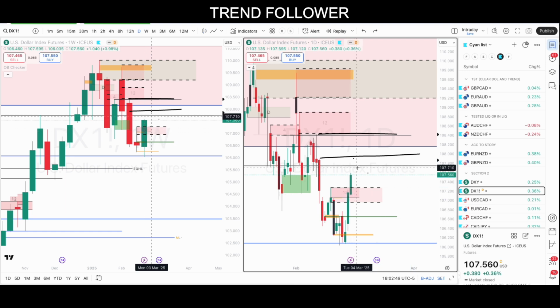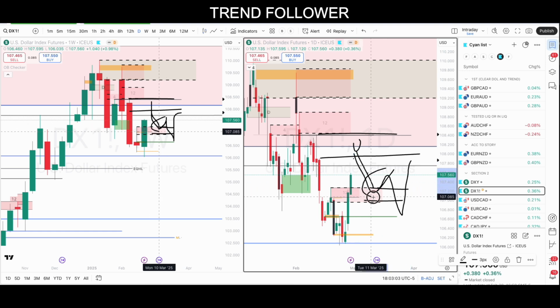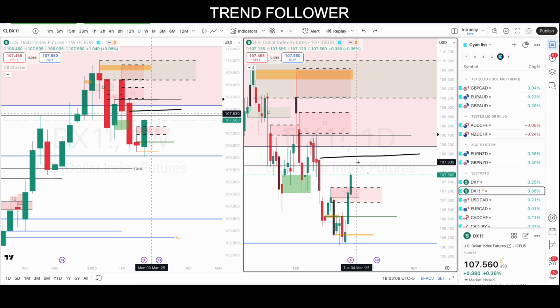But point being, this is the zone where I'm not looking to do anything right now. I would like it to come here. Then it can come back here, bounce from here, or like this. So this bounce can happen for sure. This pullback can happen for sure. So right now my focus would be that, and it will make sense when I go through other charts, right?